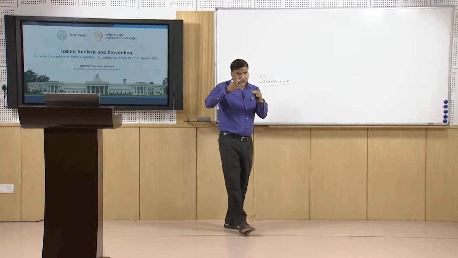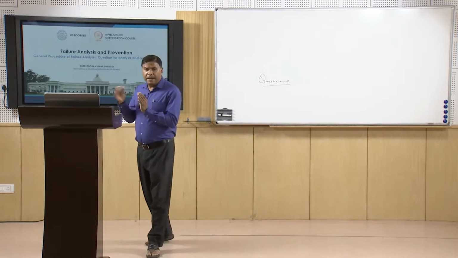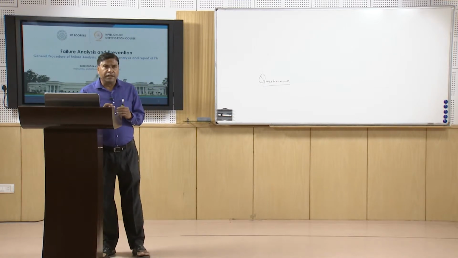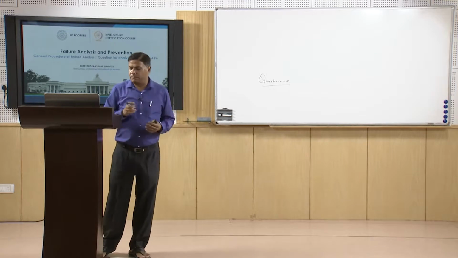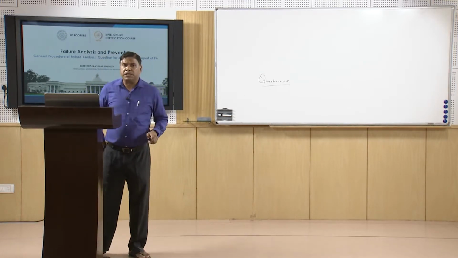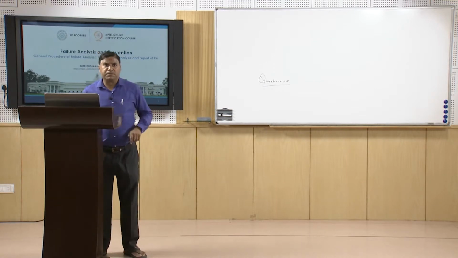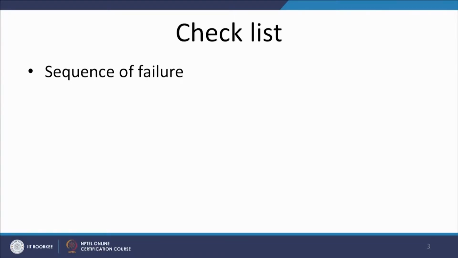Now we will be talking about the different questions that need to be asked at the end of the failure analysis to see if we have looked into the various aspects or not, and if some points are still missing and need to be addressed. So, there is a proper checklist of questions which we need to ask.